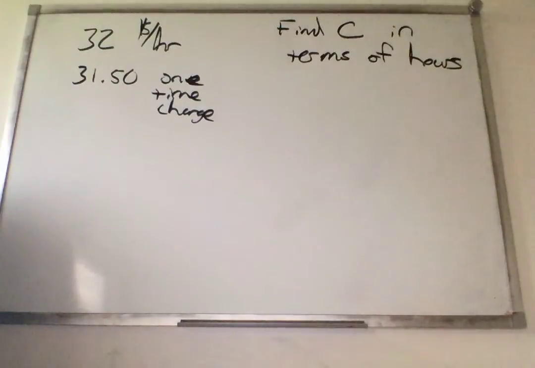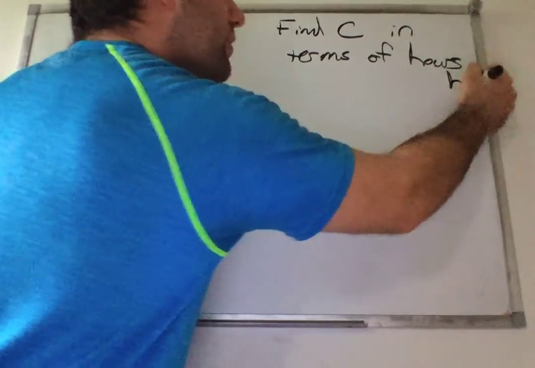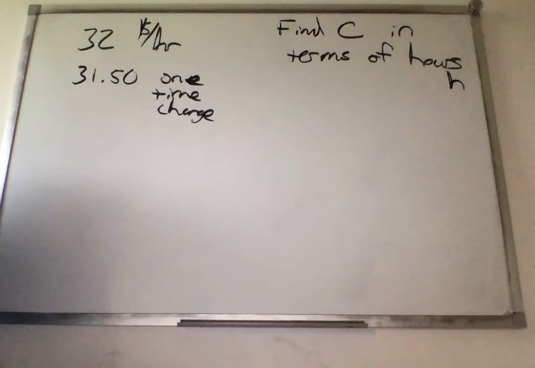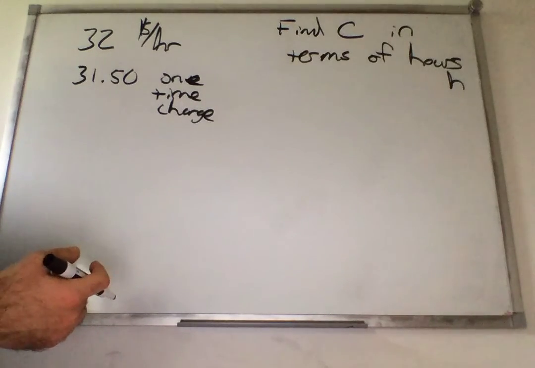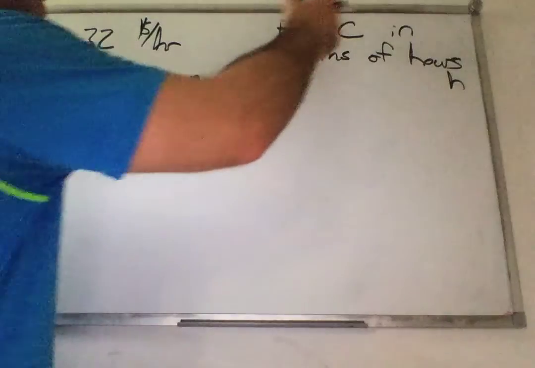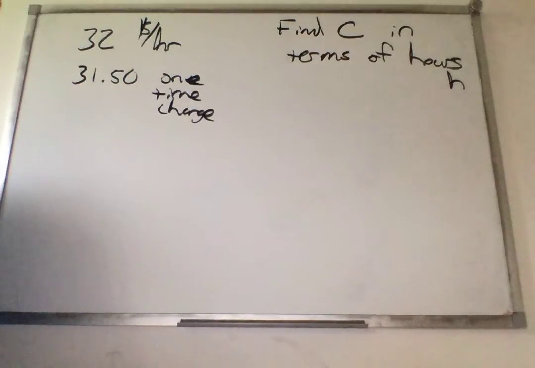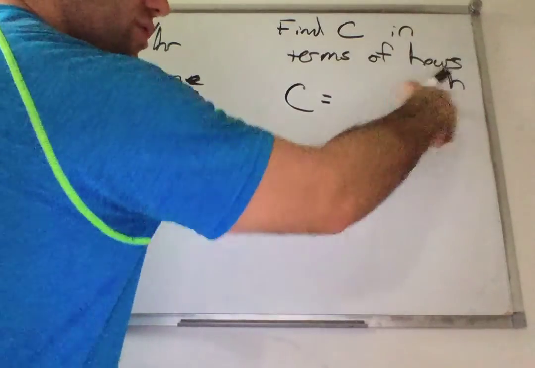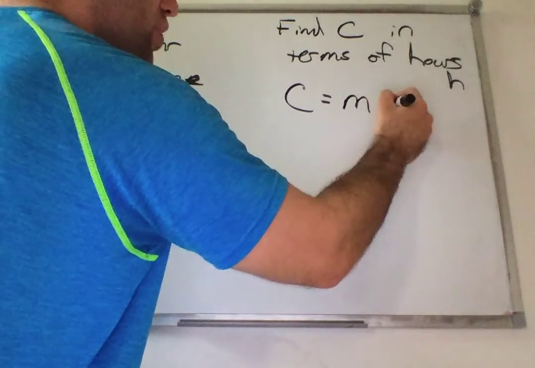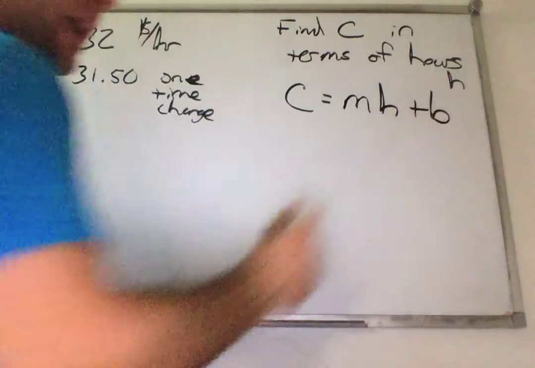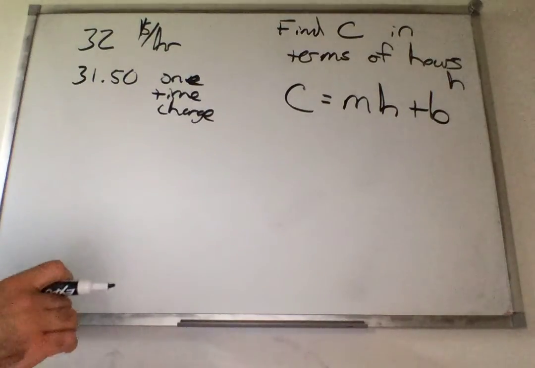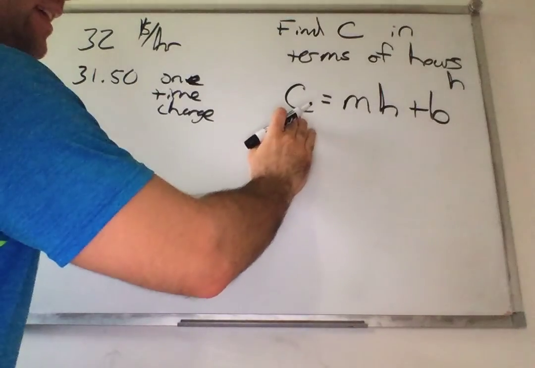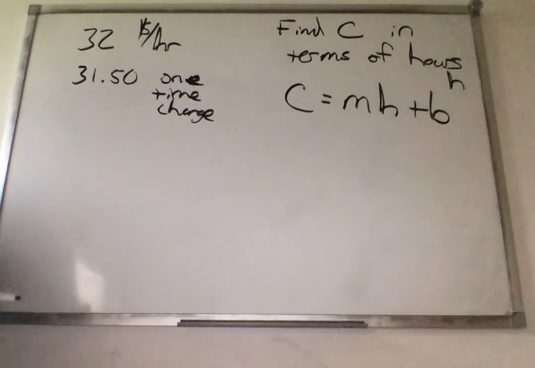We'll call it H. So, C in terms of hours means you should have C equals, and hours should be over here. So it's going to be some slope times hours plus some y-intercept. So this is C in terms of hours, H.